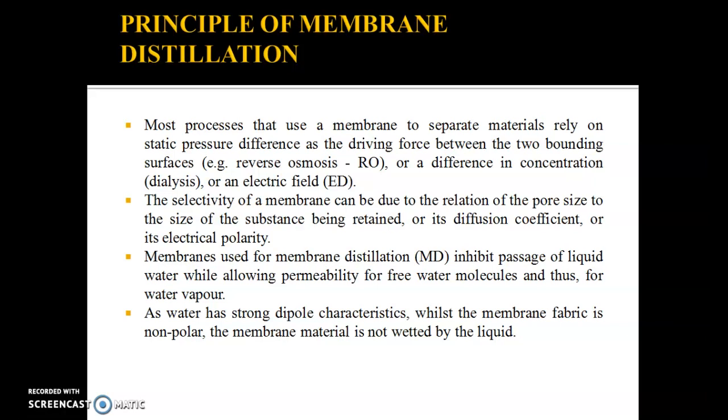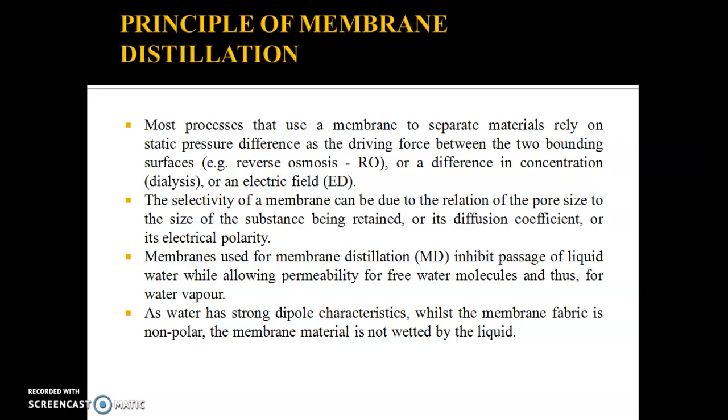So the membrane used for membrane distillation inhibits the passage of liquid water while allowing permeability for free water molecules, and thus for the water vapor also. The driving force which delivers the vapors through the membrane in order to collect them on the permeate side as product water is the partial water vapor pressure difference between the two bounding surfaces, meaning the upper side is for the hot water and below the membrane is the cooling zone, right?